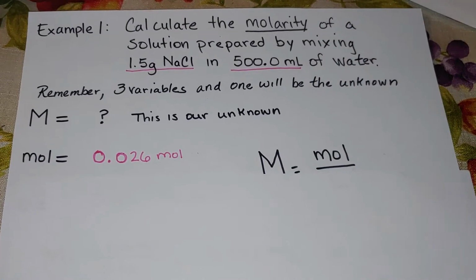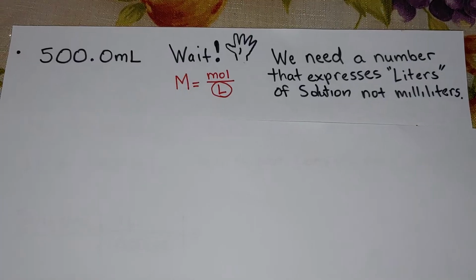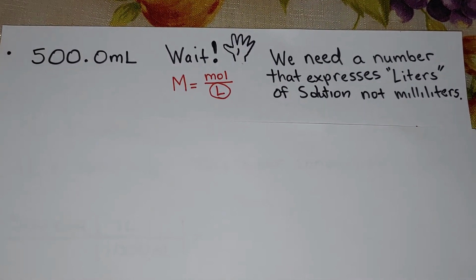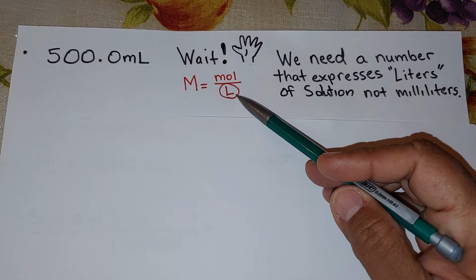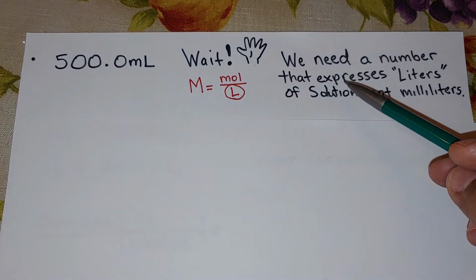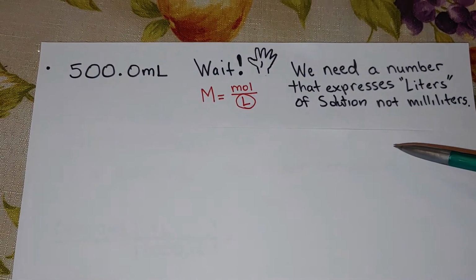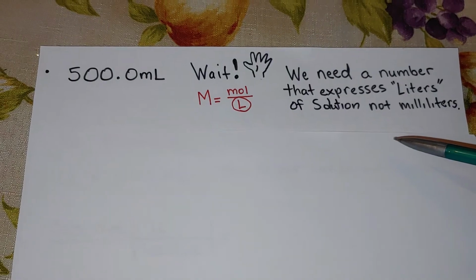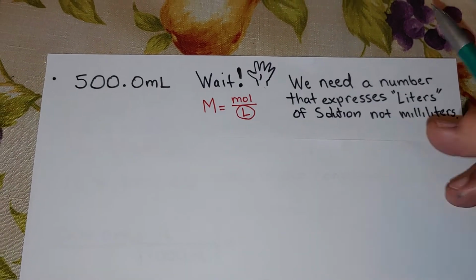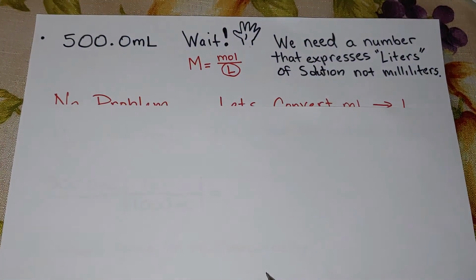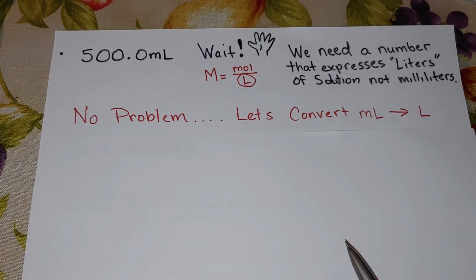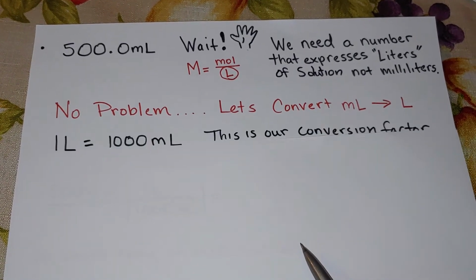So how does that become liters? We know that in our formula, it's asking us for those liters, and we really need a number that is expressed in liters, not in milliliters. But again, easy fix. We convert the milliliters to liters.